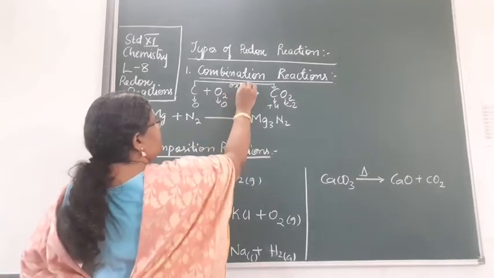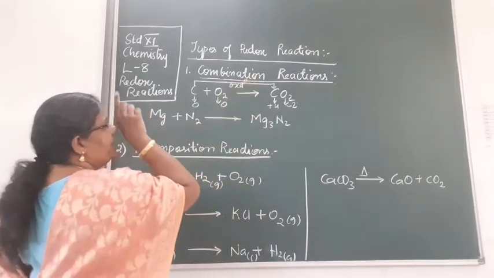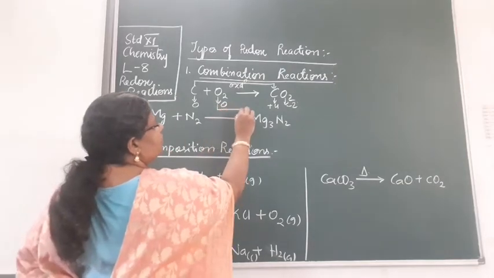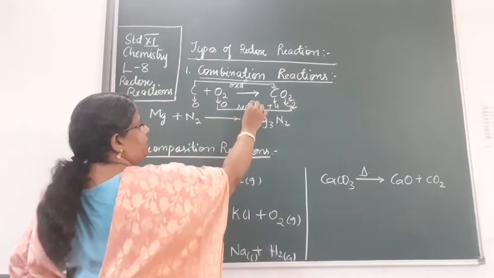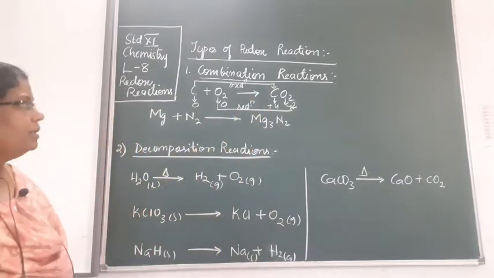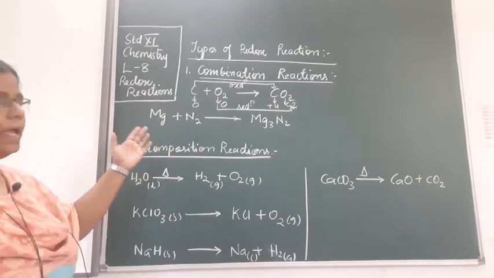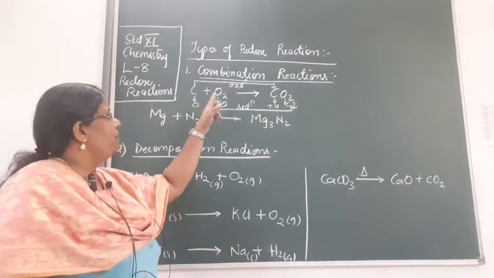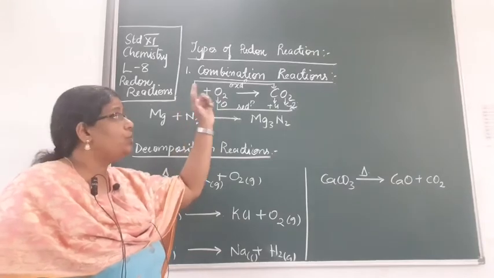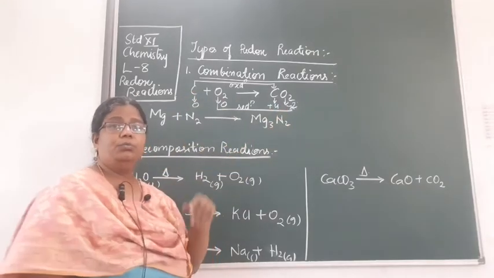इसको हम oxidation reaction कहेंगे. And O2 is going from 0 oxidation state to -2. मतलब ये तुम्हारा reduction reaction हो गया, isn't it? So this is a redox reaction. And here what do you observe? That one atom and one molecule combine together to give you a new molecule.